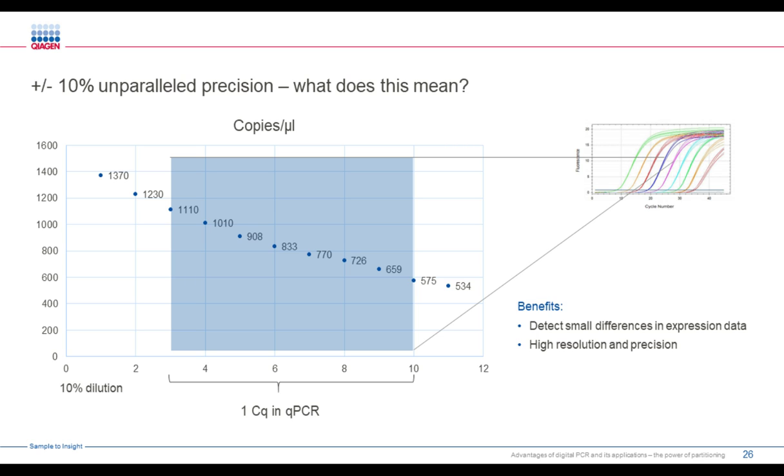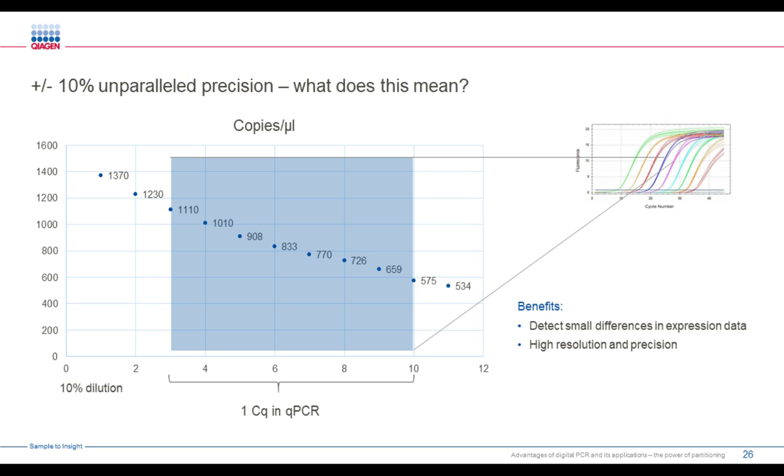And as you can see, if you do a 10% dilution of your sample with a spike-in, you have many more data points. You have 1, 2, 3, 4, 5, 6, 7, so up to 7 more data points where you can actually distinguish and see a difference in gene expression.